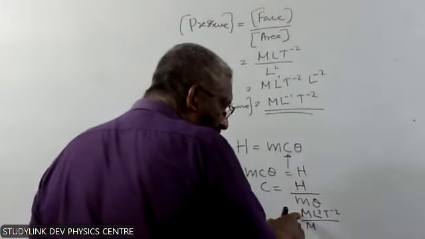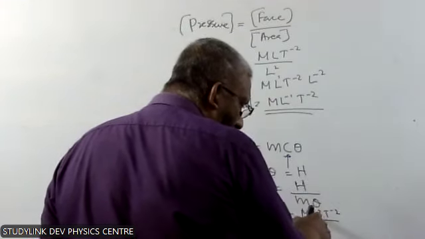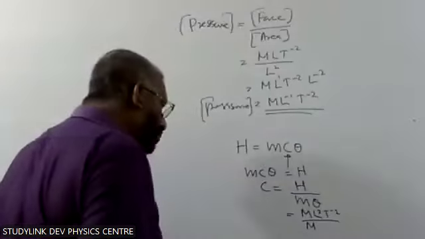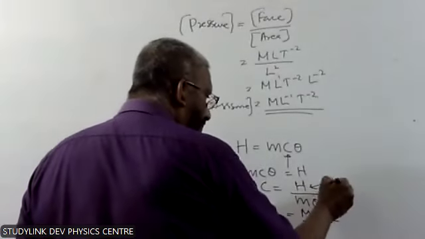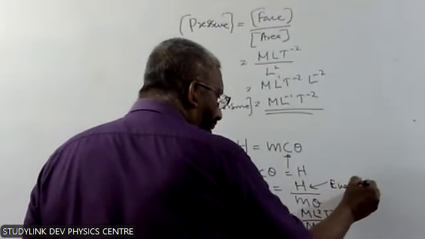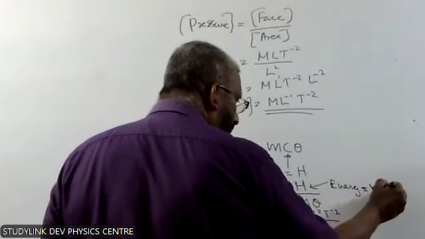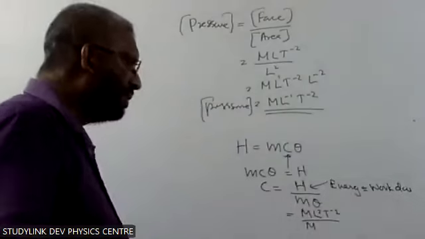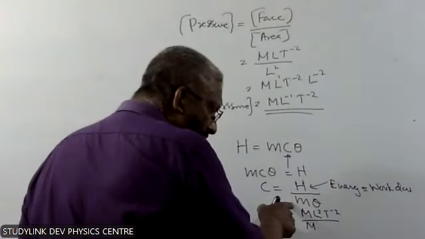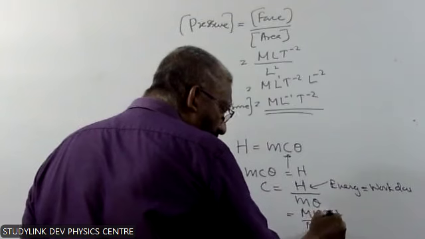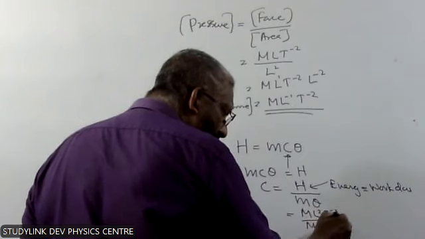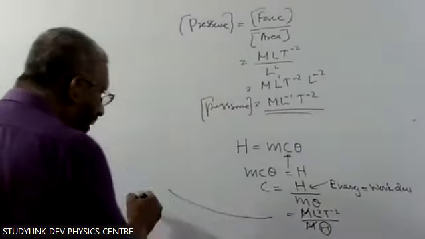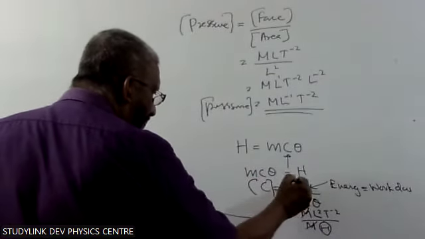Work done. So energy is equal to work done, M L squared T minus 2. So work done divided by mass. Mass is capital M. Theta is given as capital theta. M cancels off. Then you are getting the dimension of C.